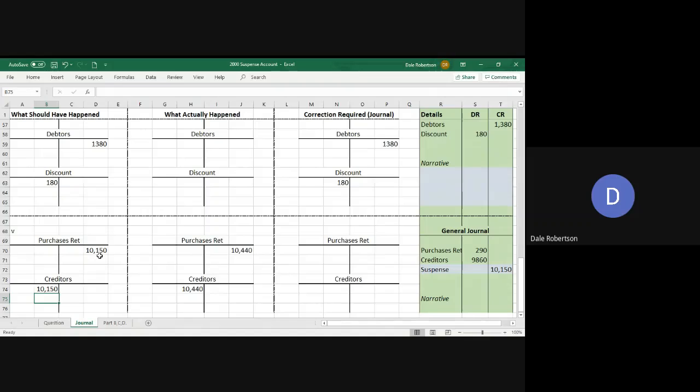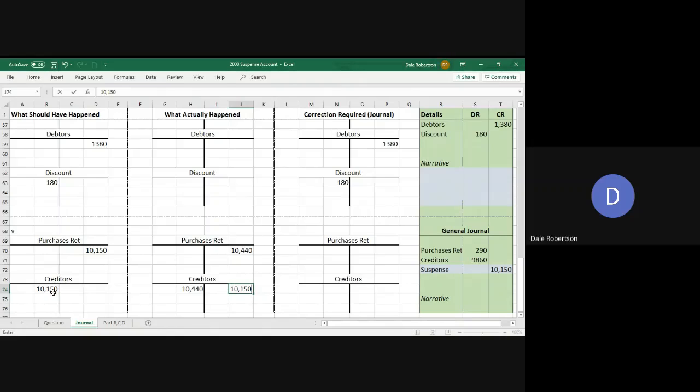However, the only entry, I'm reading the last sentence now of the question, the only entry made in respect of this credit note was a credit of 10,150 in the creditor's account. Of course, makes no sense, but nevertheless, we have to just write down the error that happened. So this is the mistake.